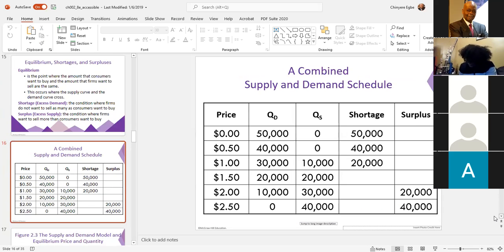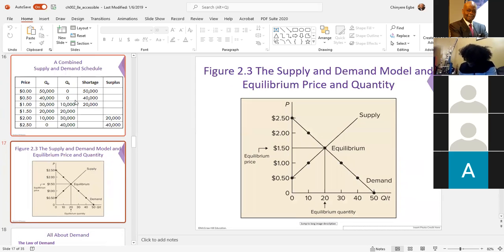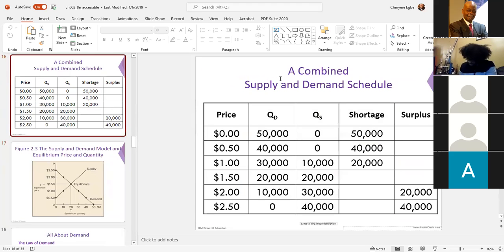And so now we get to the point where we combine the two. When we combine the two, you can see here that when the price is 0, the quantity demanded is 50, but the quantity supplied is 0. So there's a shortage of 50,000, because people are demanding 50,000 units, but there is no supply for it.